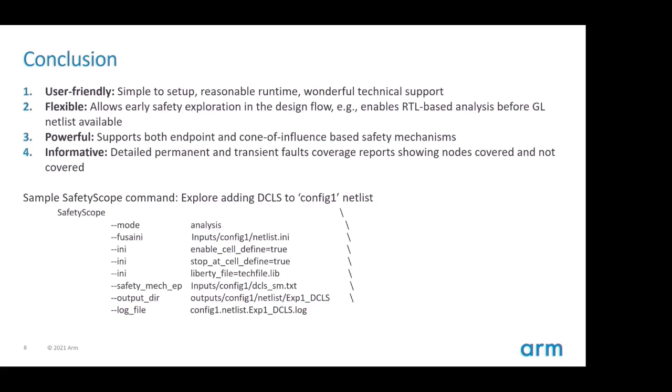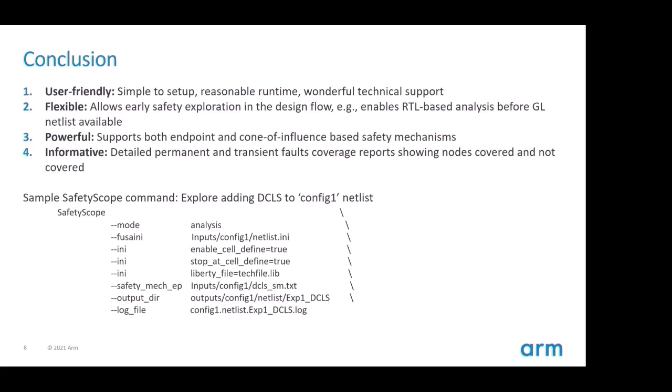And the tool is very powerful. It supports both endpoint and cone of influence based safety mechanisms. Basically, the endpoint is the basic one, for example, for parity. That's the point where you want to check the parity, or you can do end-to-end safety mechanisms, specifying a generator on one end and a checker on a different end.